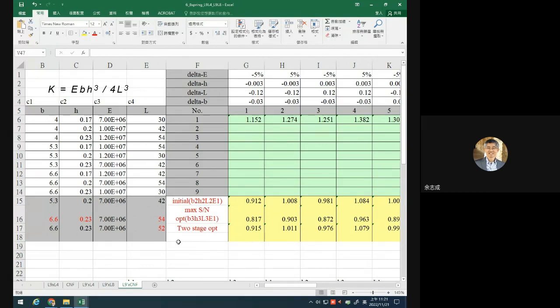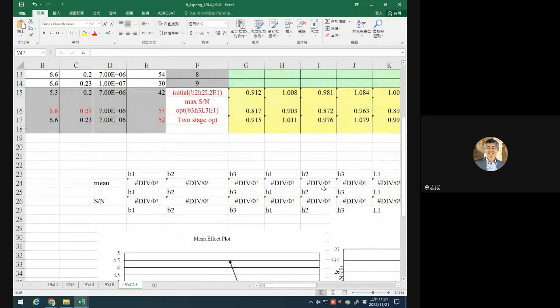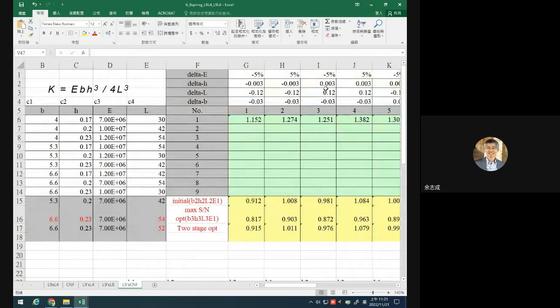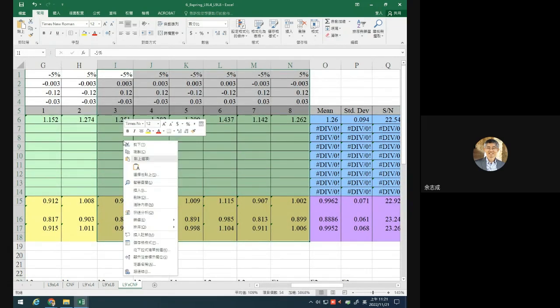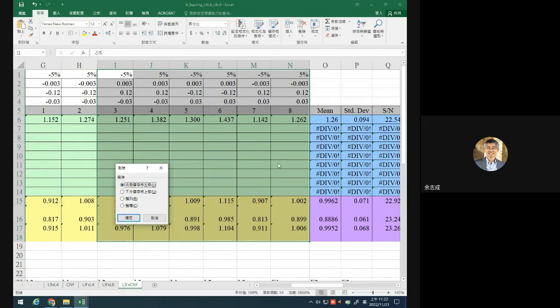So let's get rid of this one. Let's erase these 8, select them and delete them, I only keep 2. Click delete, make the right cells move left.